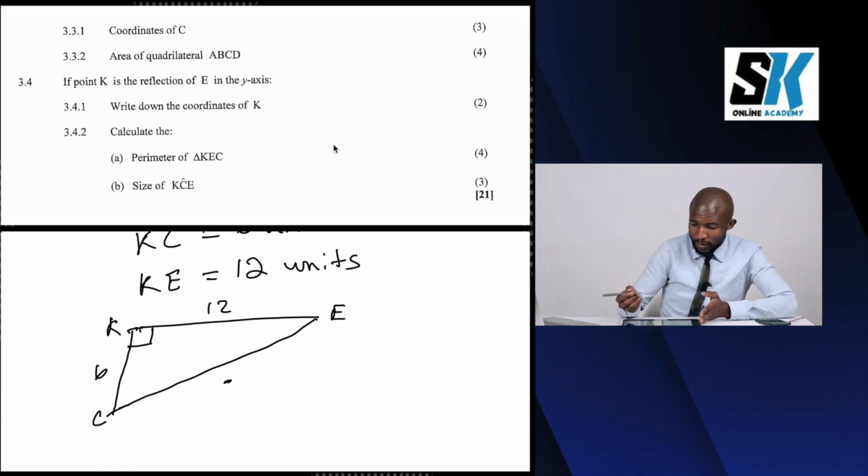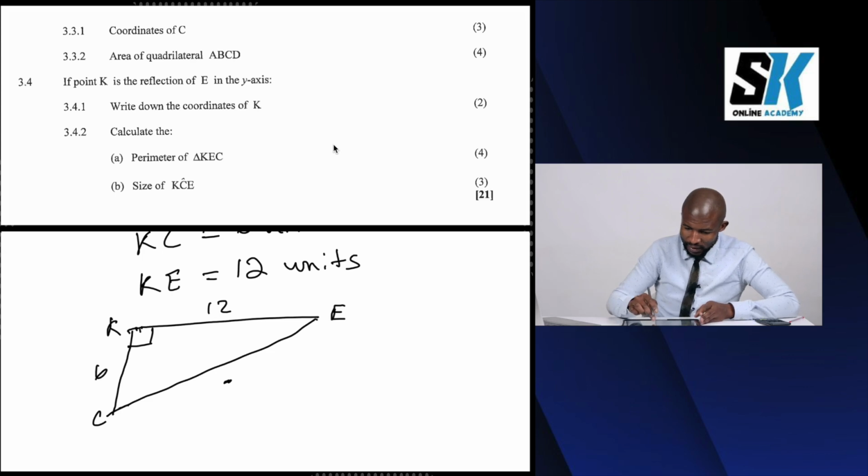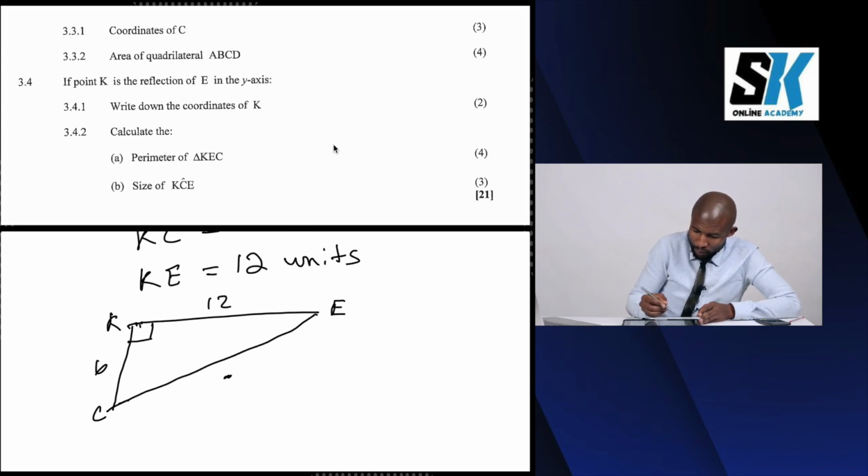If you use the theorem of Pythagoras, since it's worth 4 marks, we don't have to stress ourselves. We know that CE squared has to be equal to 12 squared plus 6 squared.